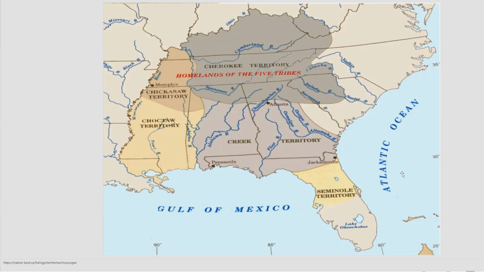The Cherokee was above, and the Seminoles, which I did not know until doing all this body of work in the last 2 months, was Florida. So I'm trying to understand where they were. Were they all over the place? No. They're just north and south, in different areas of the country. So this is where the 5 tribes originated.